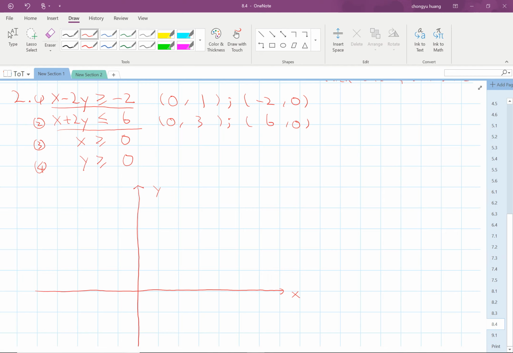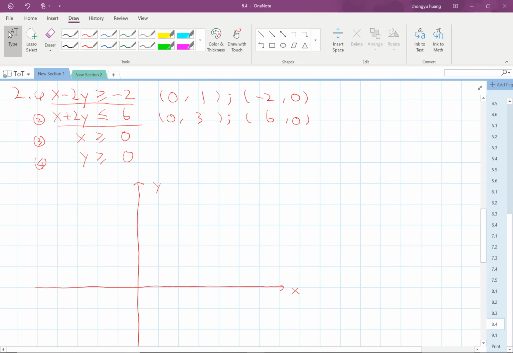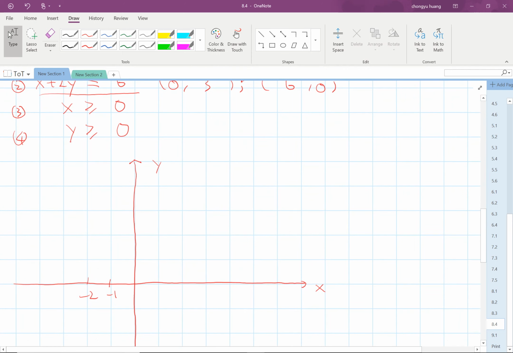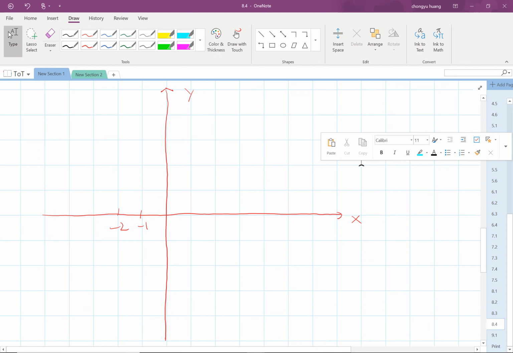Now we try to graph the equation. Let me label it. We have -1, -2. Let me zoom in a little bit. We have a -2 over here.